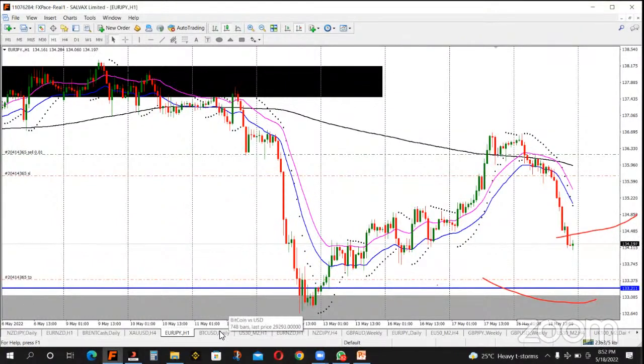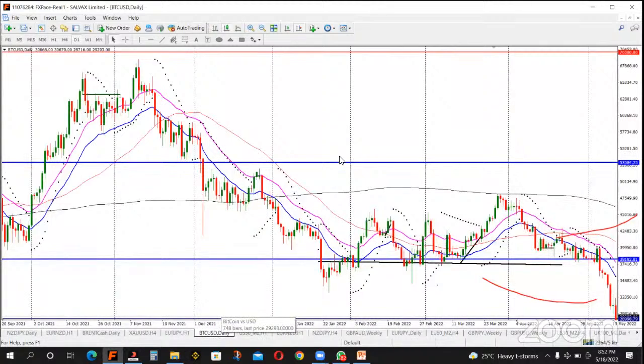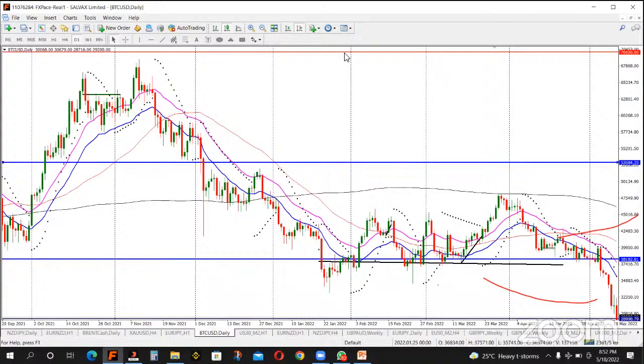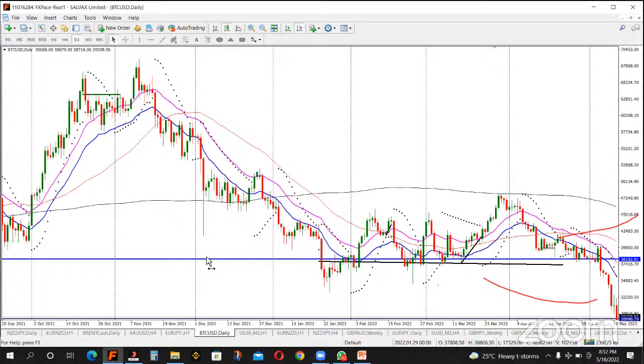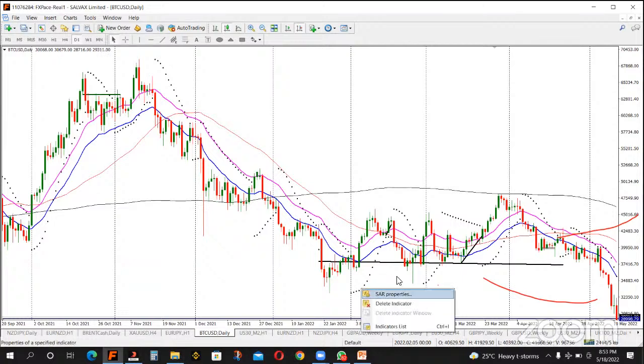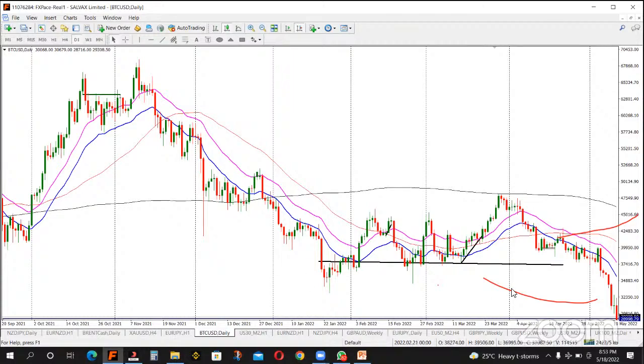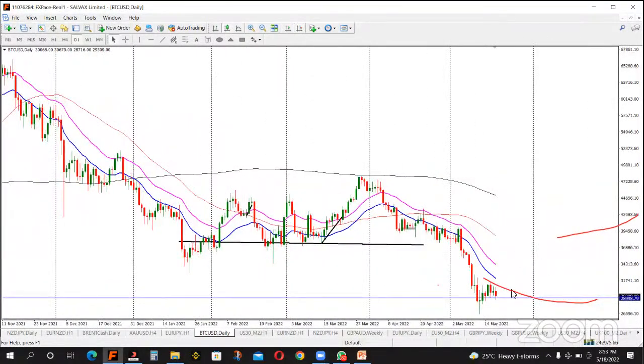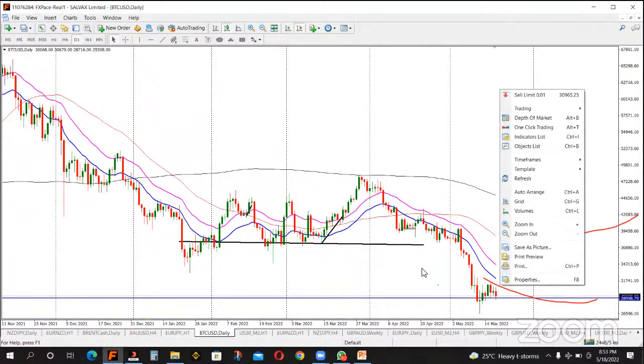Okay, let me remove this because we are no longer doing support and resistance. Let me remove some of these things.